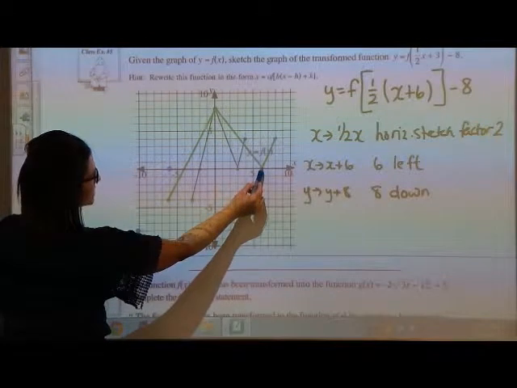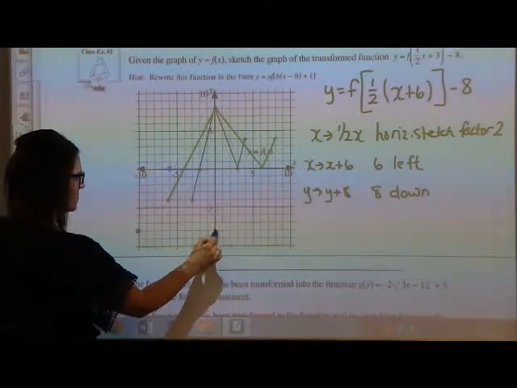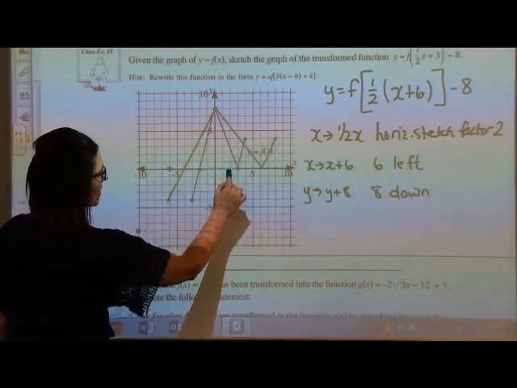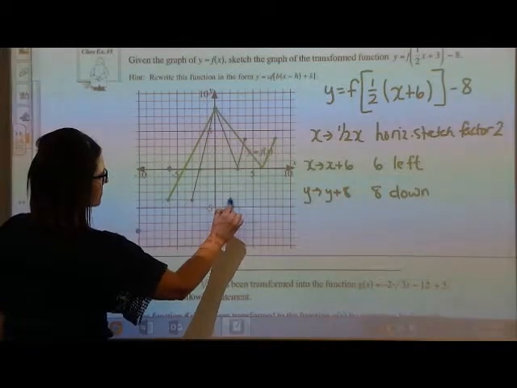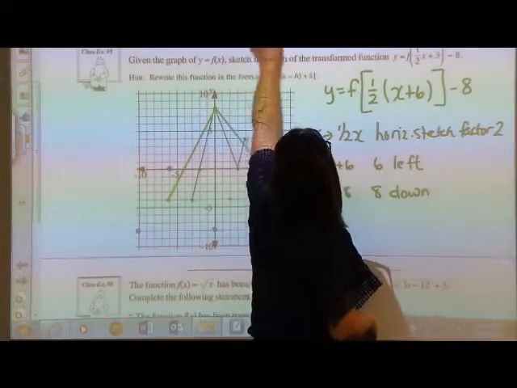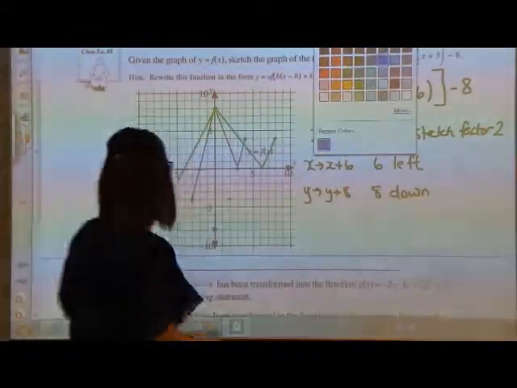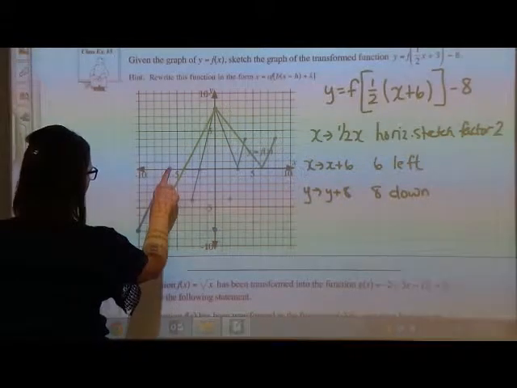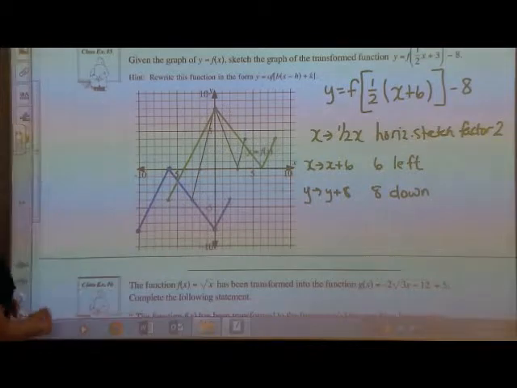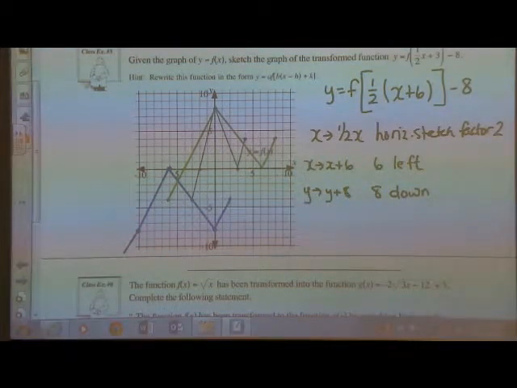This point here, 6 units left, 8 units down. And then 6 units to the left and 8 units down. Then join those points together. And I could show this part as extending because it did extend downwards.